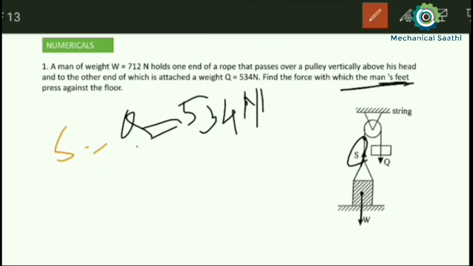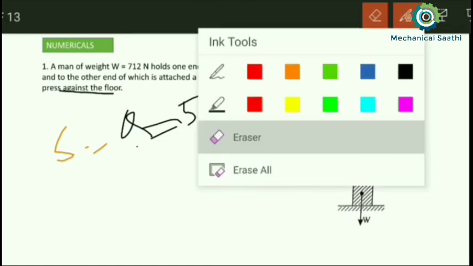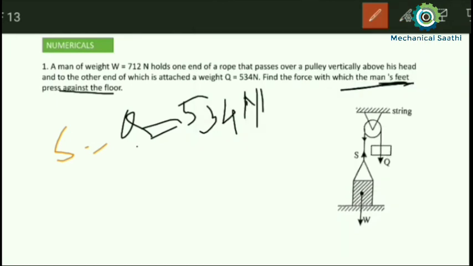And we can find out how much the man's feet are pressing against the floor. Simply, let me draw the free body diagram over here. If we draw the free body diagram, then we remove the surface, the reaction force we can remove.